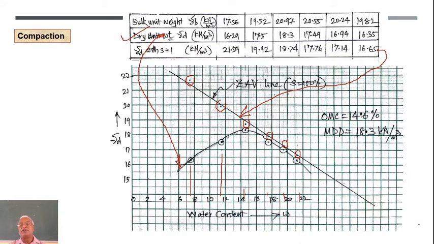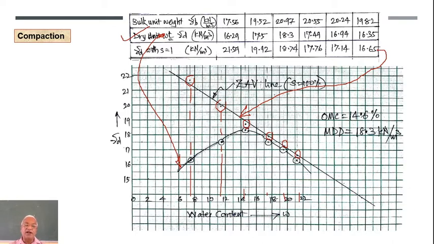So this is the zero air void line, that's how to plot them. Now for the same water content there will be two values, that is what one should observe. For 11.5, I got this value as well as this value in the table, one below the other, but gamma D with S equal to 1 will always be continuously falling down.